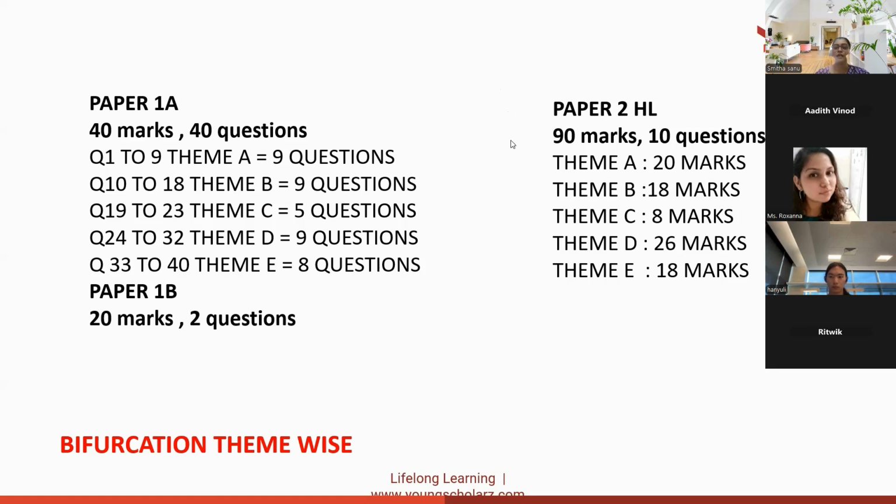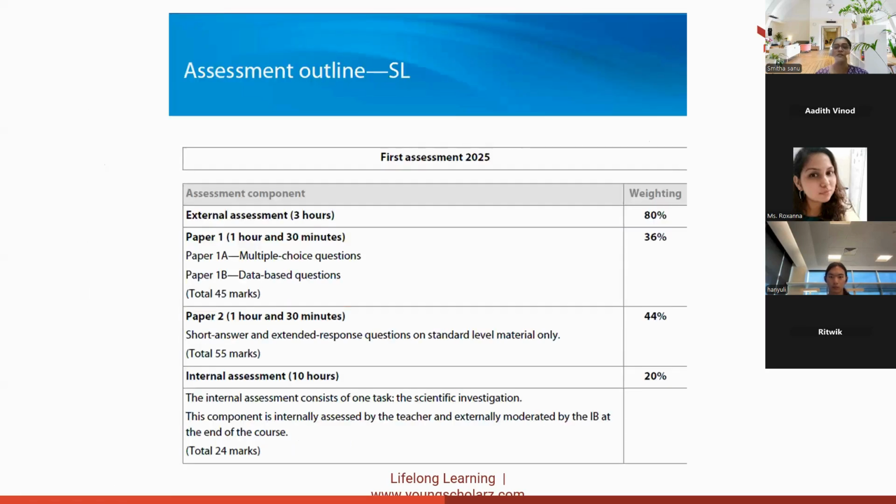So this is for HL, and for SL you can see the difference. Only the marks will be different, and the hours. Your paper 1 is 1 hour 30 minutes. In that, you can see the division is 30 plus 15. 30 marks is the MCQ and 15 marks is the data analysis question.